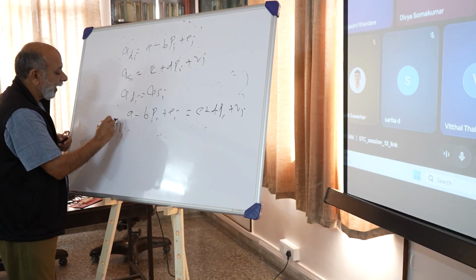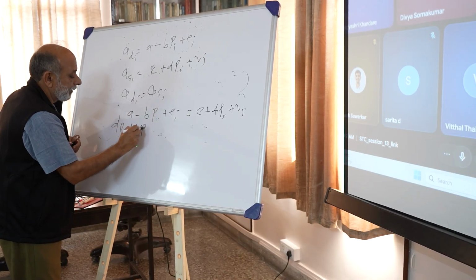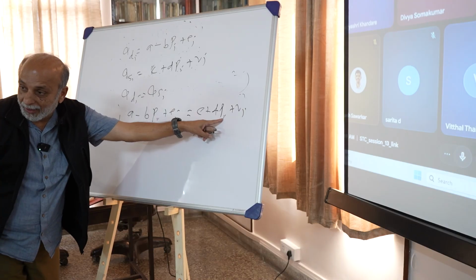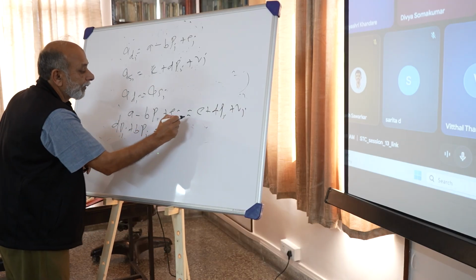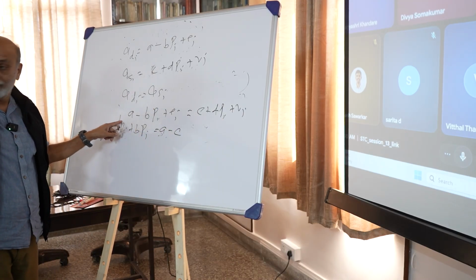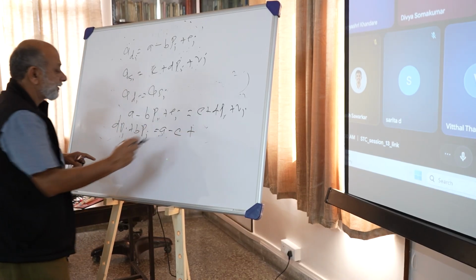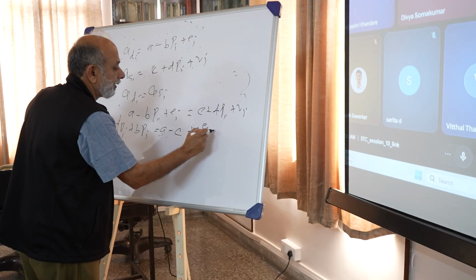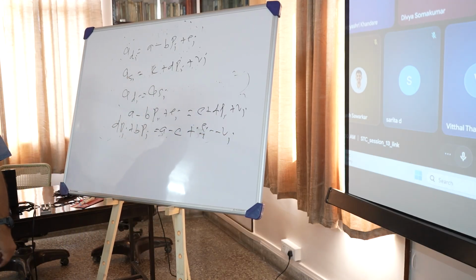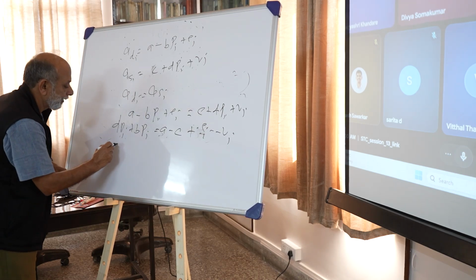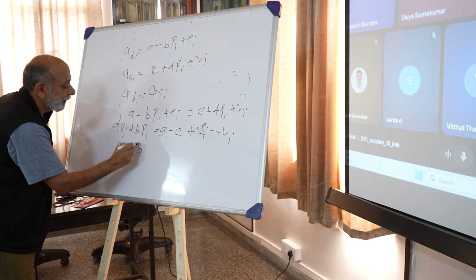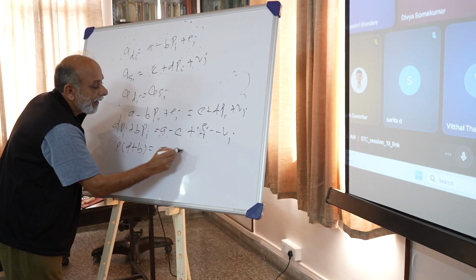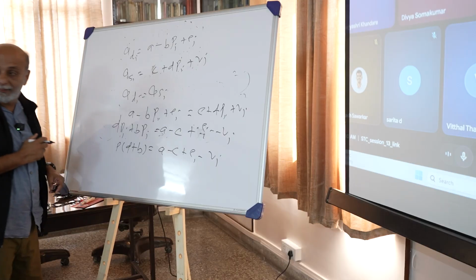Correct? Now if I take all the PI on one side, what do I get? I get D PI plus B PI is equal to A minus C plus EI minus VI.